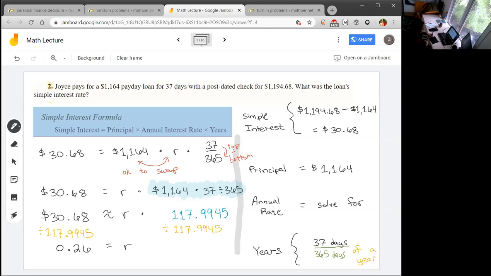Yes. So it asked for a simple interest rate. We want it in percent format. So 26%. Any questions about the way it's written this time?